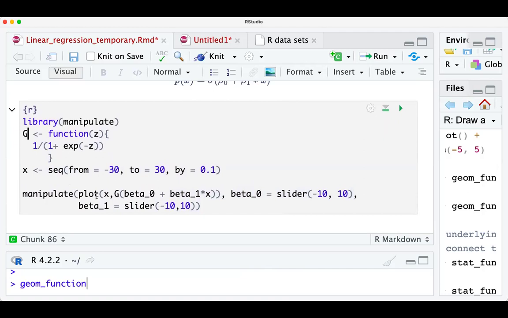I'm defining this sigmoid function here, which I call G. Maybe it's better to call it sigmoid.